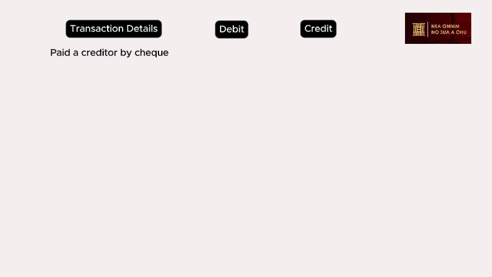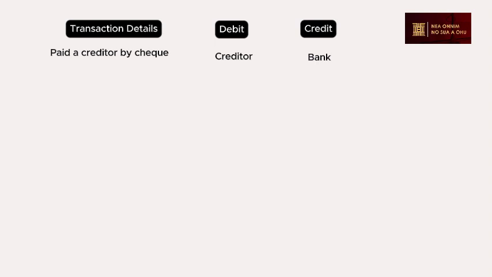And then by check, once you hear check, a check is a bill or an instrument used by the bank. So anytime you hear check, the account that is impacted is the bank account. All right? So the 2 accounts that will be involved in this transaction are the creditor account and the bank account. Good. So the company paid the creditor by check.